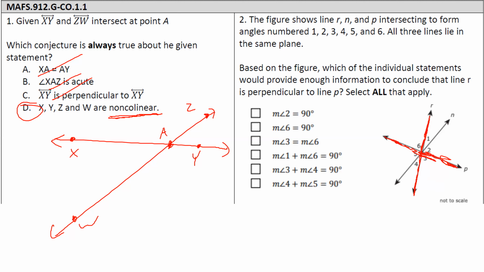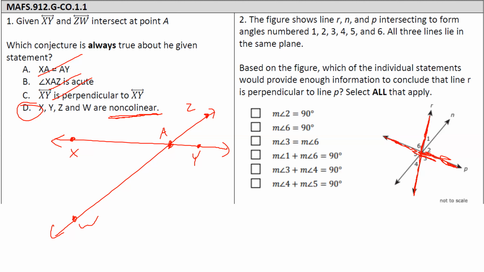In order for those to be perpendicular, what would 6 and 3 have to be? Okay, well, they're going to be equal to each other no matter what, because they're a pair of vertical angles. But what would make those 2 perpendicular if they were what? Well, supplementary means they add up to 180.